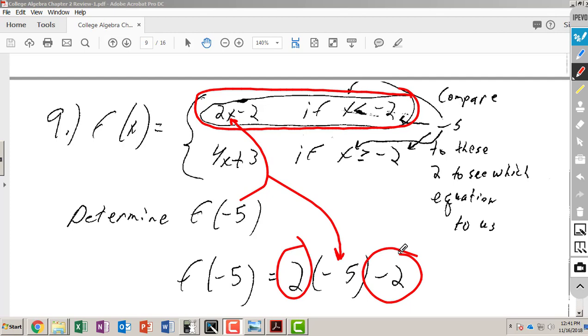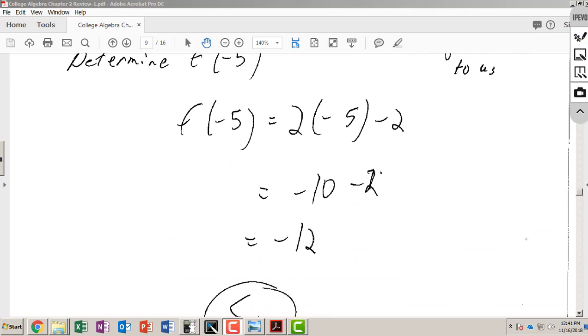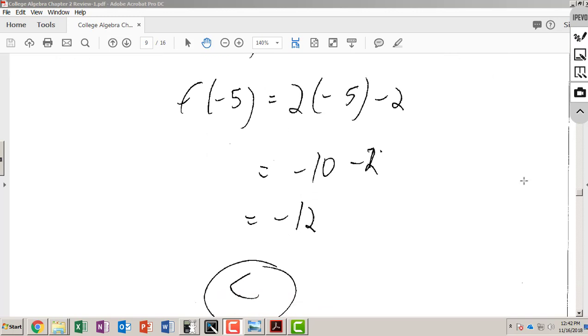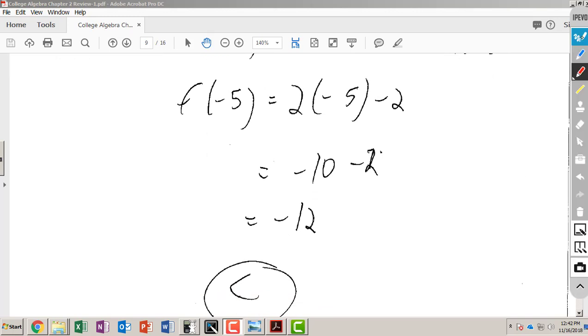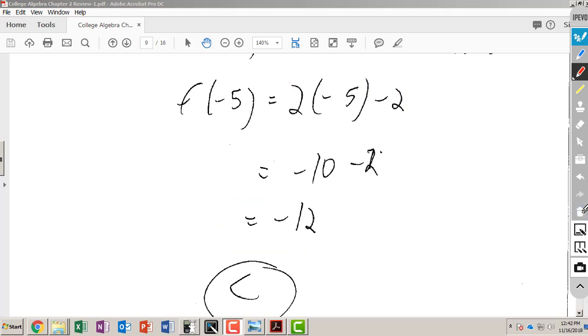After I substitute it in, and I've chosen the correct equation, I'm just going to simplify it down. 2 times negative 5 gives me negative 10. I still have to subtract 2, so negative 10 minus 2 is negative 12. That matches your answer C, which is negative 12.